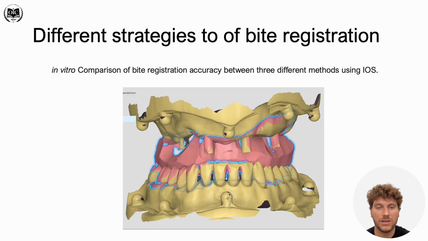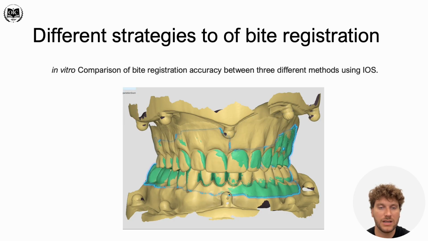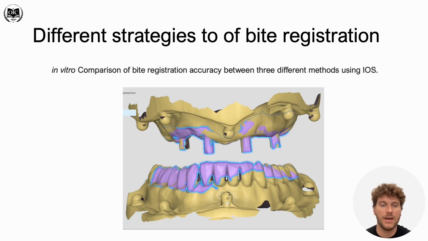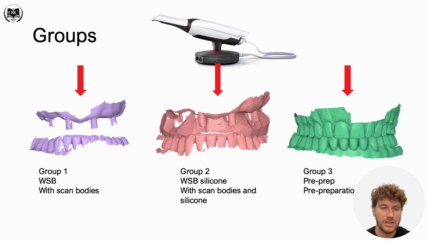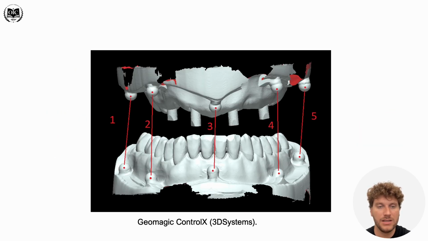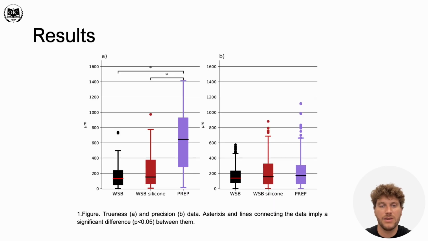And also the mentioned pre-preparation removable denture technique, in which case the bite was fixed and recorded with the removable denture put inside. So these were the three groups of our research, and we did 10 times 10 scans per each case. Yet again, we measured the distances between the corresponding metrological spheres, and we did comparison to the reference scanner and in between the test groups.